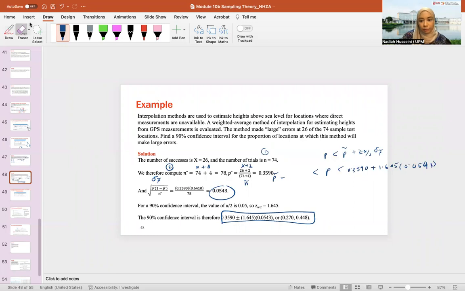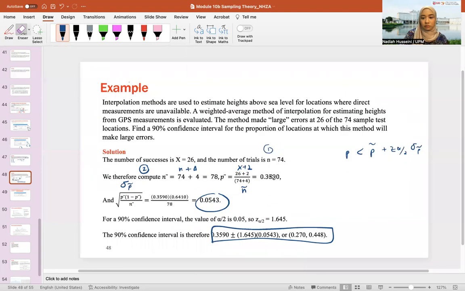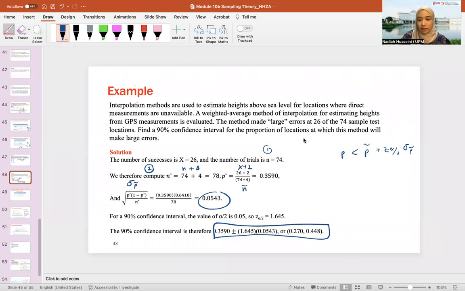P modified is 0.3590 minus 1.645 times 0.0543. You don't have enough space, so let me just write it in the general form: minus Z alpha over 2 times this term.